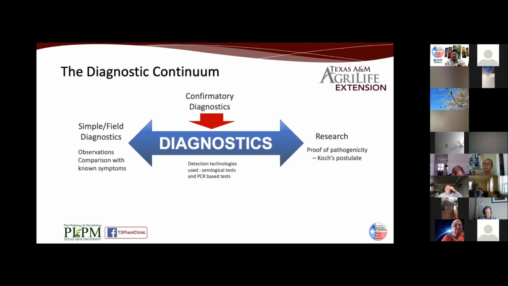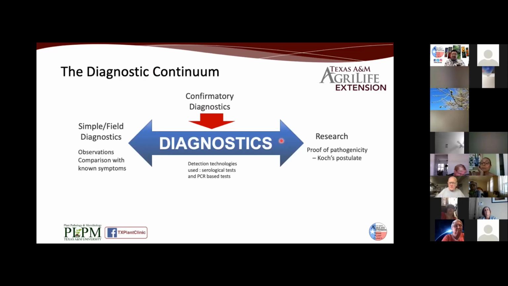If you see that red arrow there in the middle, confirmatory diagnostics take advantage of the research that has been done, because invariably through that research, detection methods have been developed. So we have tools that we can use to identify certain organisms. But it also takes advantage of the experience of a diagnostician.